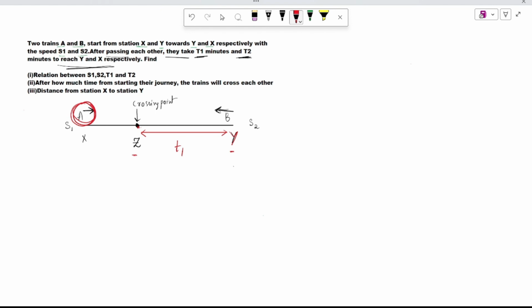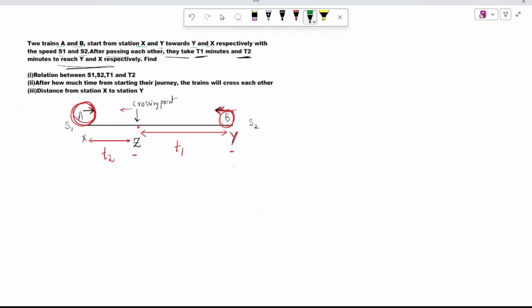Similarly, train B is traveling towards station X, so after the crossing point also it continues in this direction. This distance from the crossing point Z to station X is traveled by train B in T2 minutes.